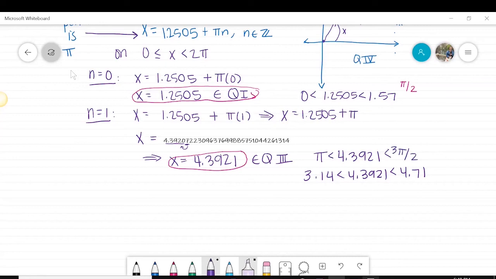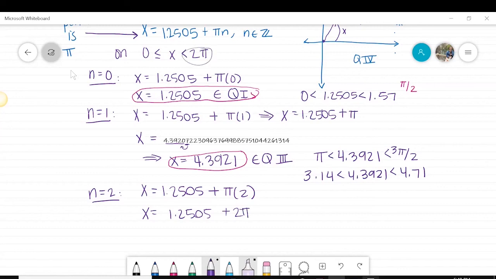Okay, so we've got these two answers. Now, we can go further, or we can check if we can go further. 1.2505 plus pi times 2, which is 1.2505 plus 2 pi. But remember, we're only between 0 and 2 pi, right? That's our maximum value all the way down here. So this already is too big. This on its own, and then we're adding to it already. So we're bigger than 2 pi, which is not an answer.